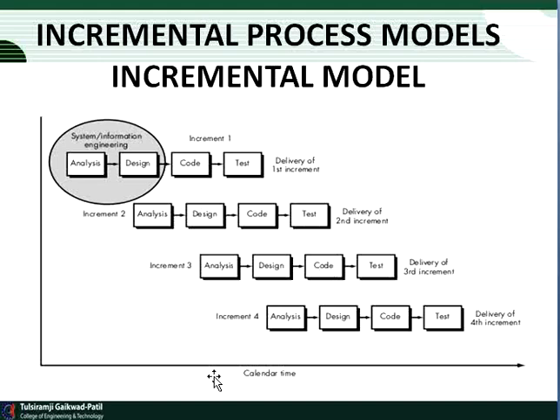In this incremental model, we have to follow a calendar time, that is, a deadline. On the left hand side of the graph is the implementation process, and there is a time limit within which we have to deploy the software. This is the development cycle for the incremental process model.